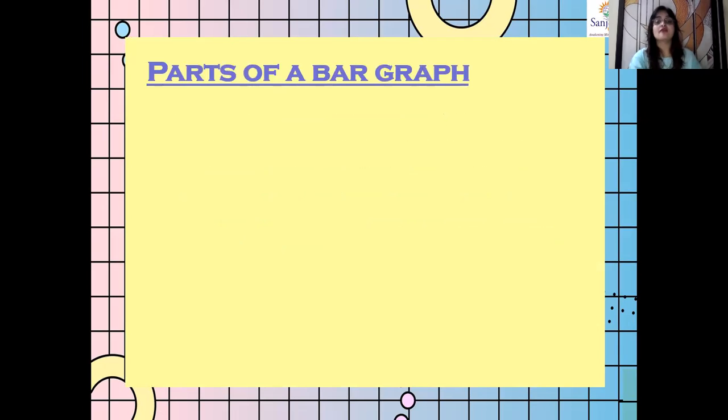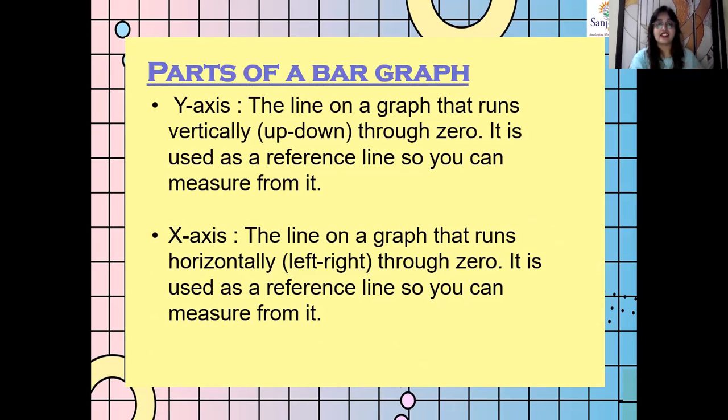There are different parts of a bar graph, children. Pay attention here. A bar graph has a y-axis and x-axis. The line on a graph that runs vertically, okay, that is up and down, that is a standing line through 0, it is used as a reference line so you can measure from it, and the vertical line is called the y-axis.